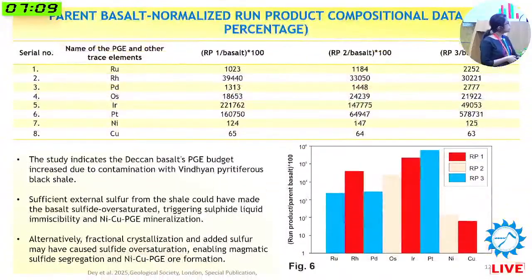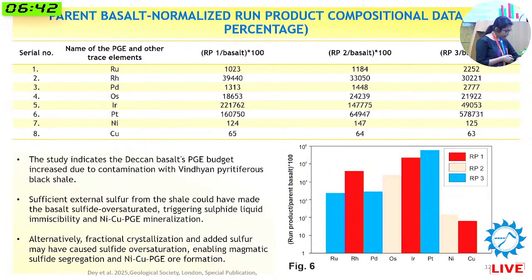Now, here to present the data in a systematic manner, we have calculated the parent basalt normalized values, and we have presented that in this table for all the contaminated melts. And this diagram shows the pictorial description of that data.